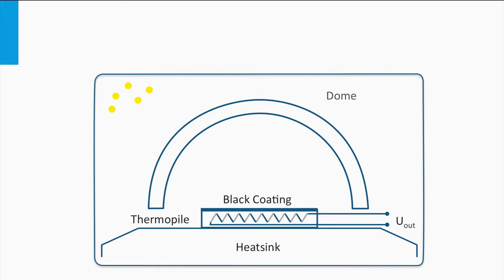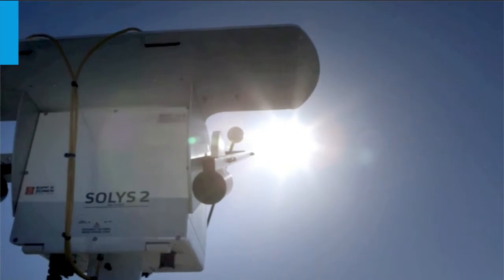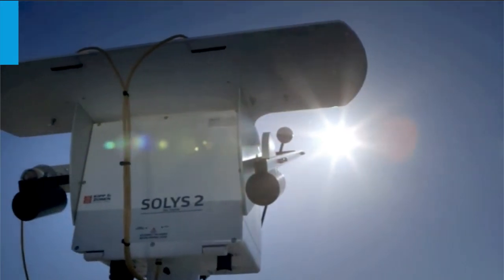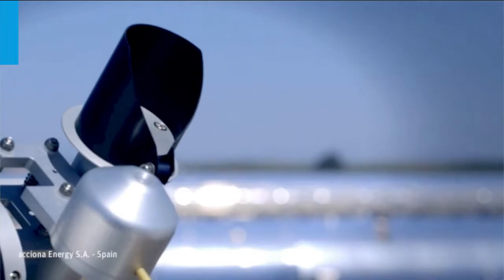The special hemispherical glass dome has the function of spectral filter. It limits the spectral response from 300 to 2800 nanometers, cutting off the part above 2800 nanometers while preserving the 180-degree field of view.